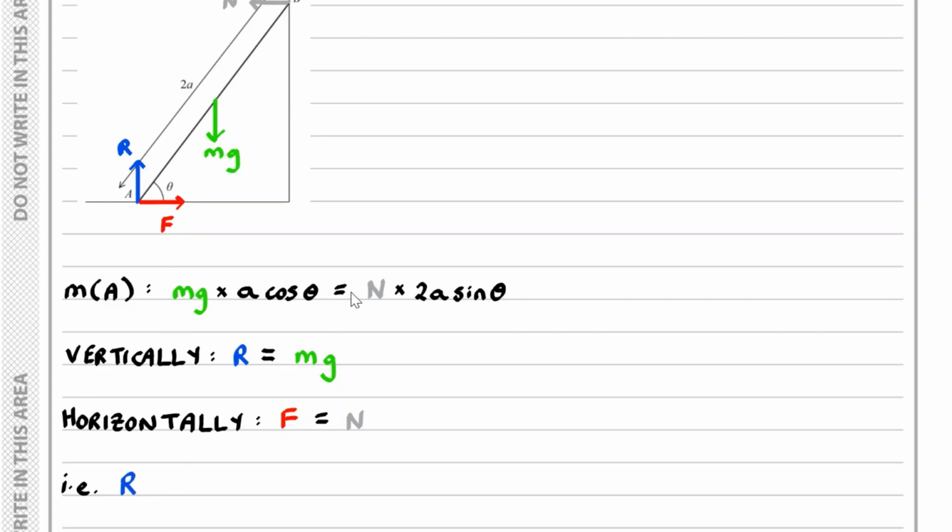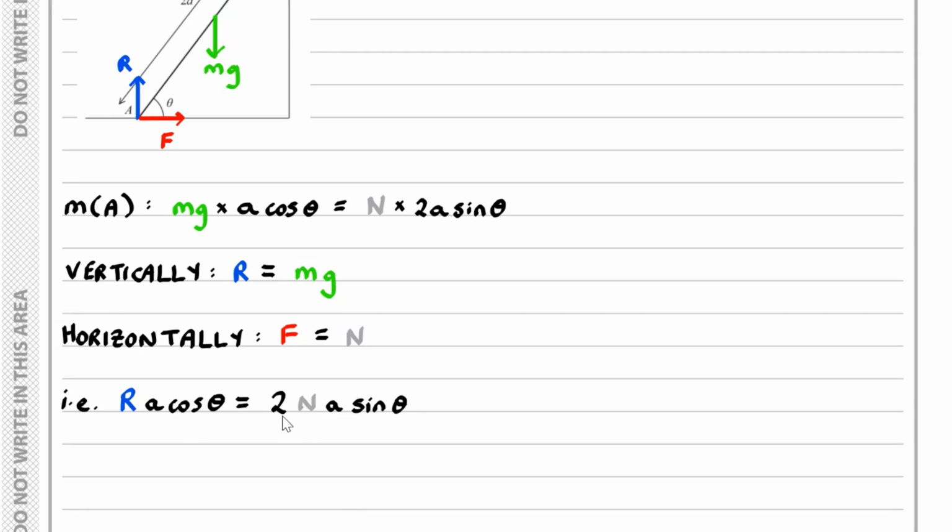We then multiply this by a cos theta, and this is equal to N, which we will leave alone for a minute. And then we multiply this by 2a sine theta. So we have R a cos theta equals 2N a sine theta.